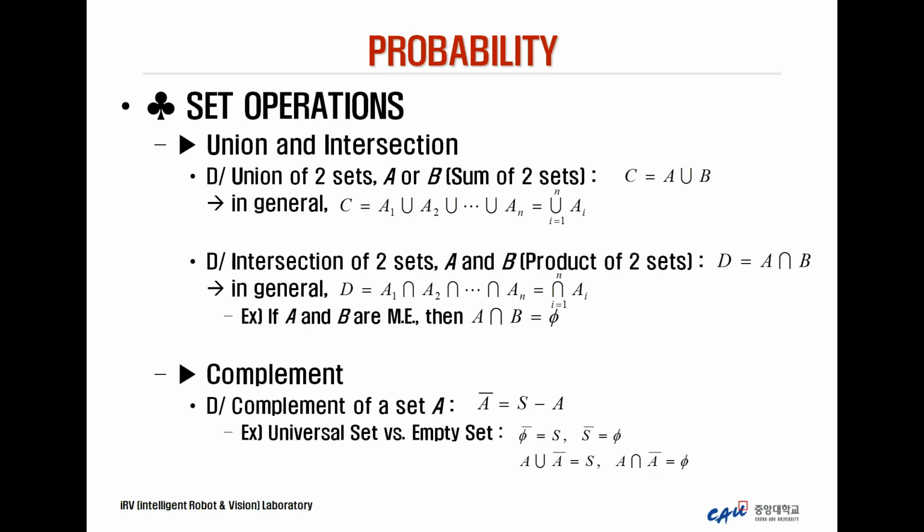That means the complement of the universal set becomes the empty set, and the complement of the empty set becomes the universal set. In general, for a set A, A union its complement becomes the universal set S, and A intersection its complement becomes the empty set. You have a Venn diagram there, with union, intersection, and also complement.